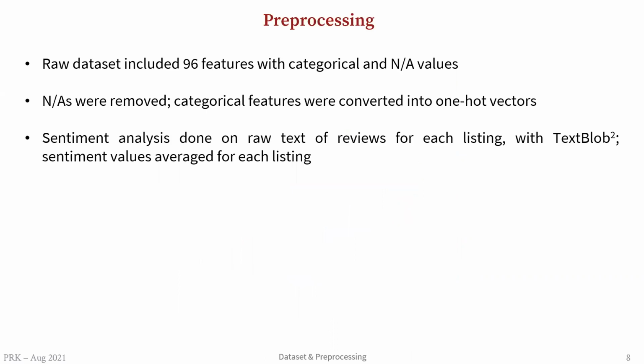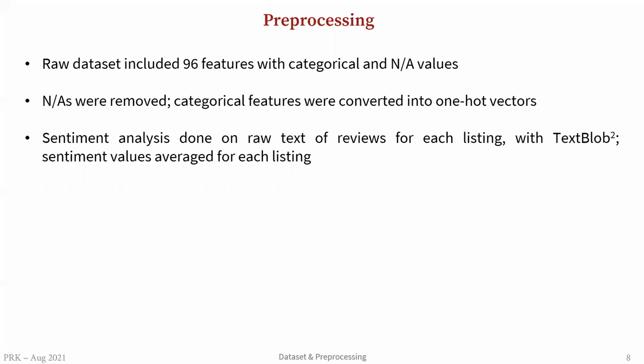For the pre-processing, we looked at the raw data, which included 96 features, with categorical data and NA values. We removed the NA values, and for the categorical features, we converted them into one-hot vectors to be manipulatable by our models.